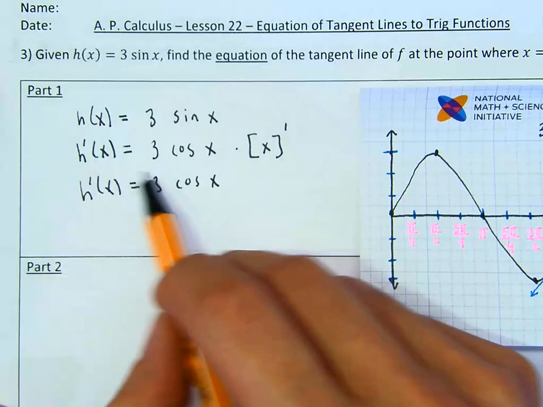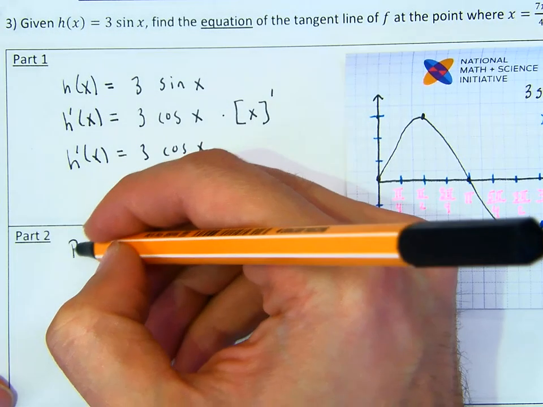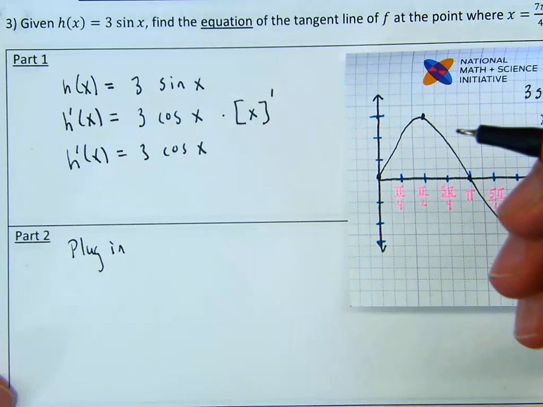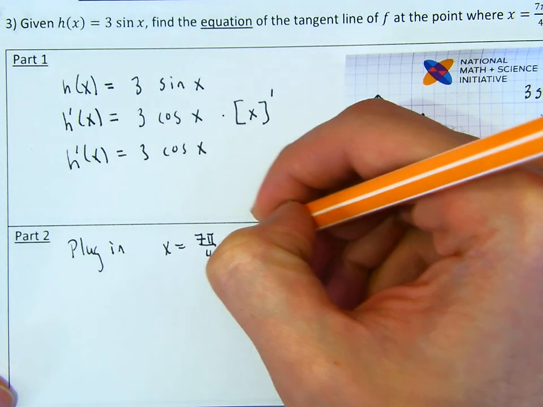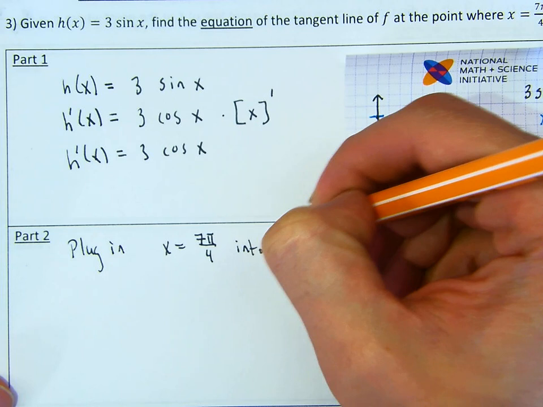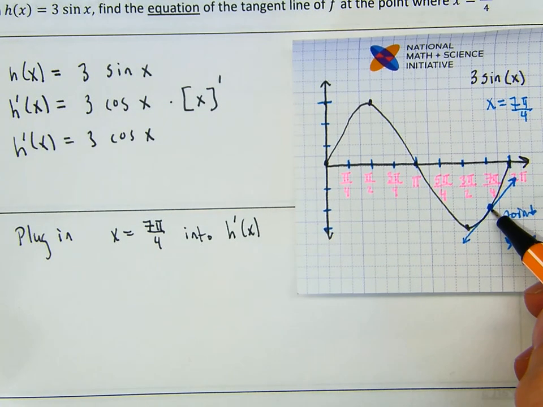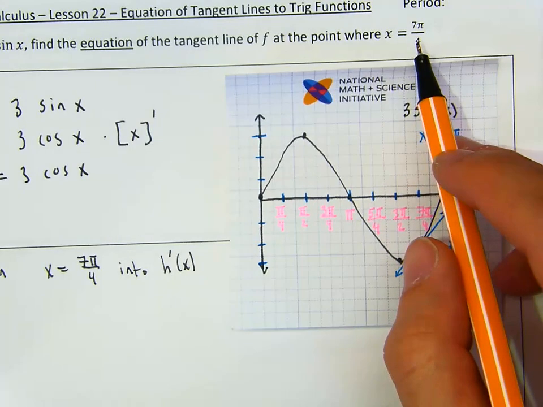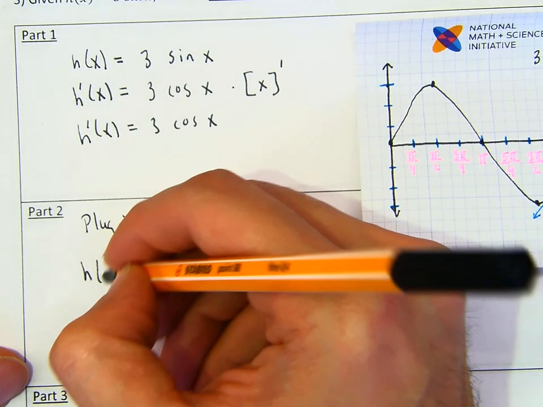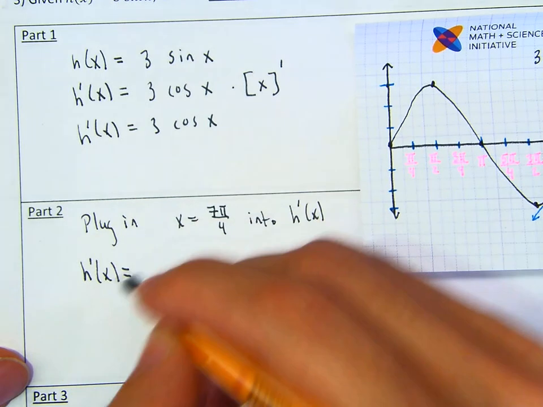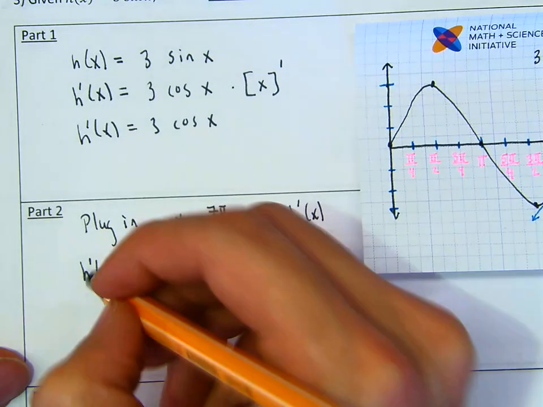So part 1, we find the derivative. Part 2, plug in x equals 7 pi over 4 into h prime of x. We want to know what the slope is at this point, so we're going to plug in that x value. h prime of x is equal to 3 cosine of x, it's 3 times the cosine of x.